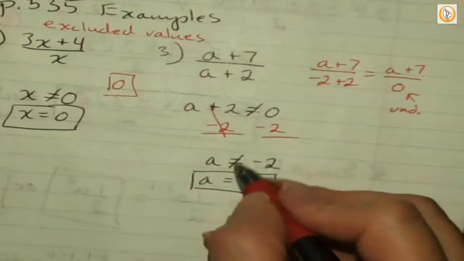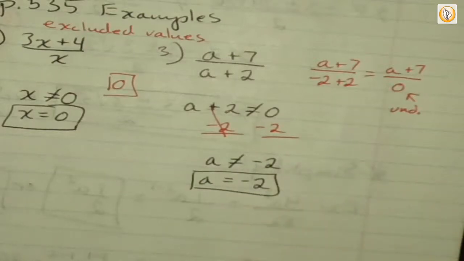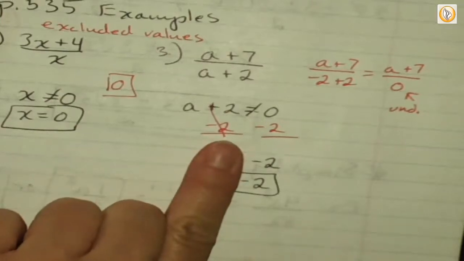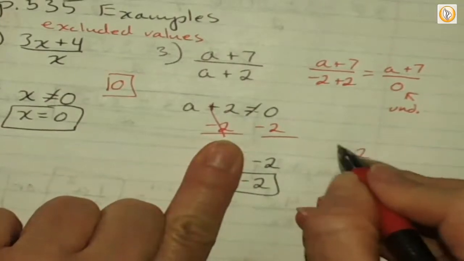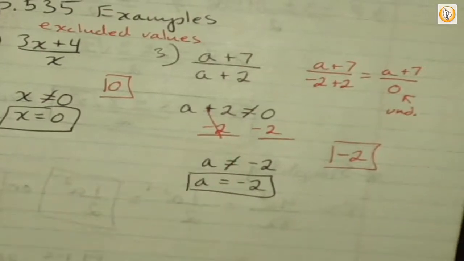Again, Miranda, if these equals and not equals are throwing you off, let me explain. If you understand we're trying to find what x or a or whatever cannot be, don't worry about this. Just say it can't be -2. You're correct. Does that make sense?